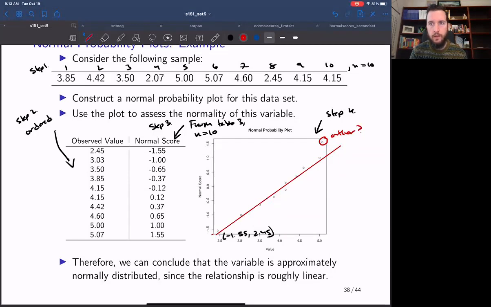Because there's a mistake. That's why. Yeah, good catch, Kareem. It was an error. Any other questions?